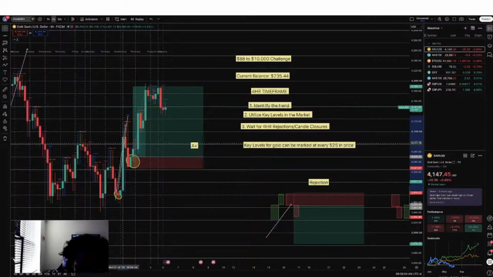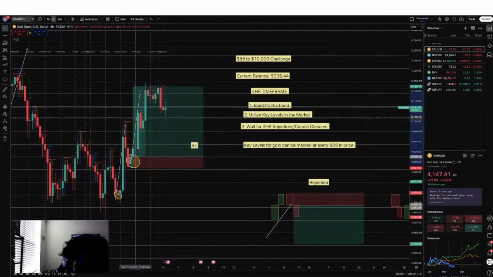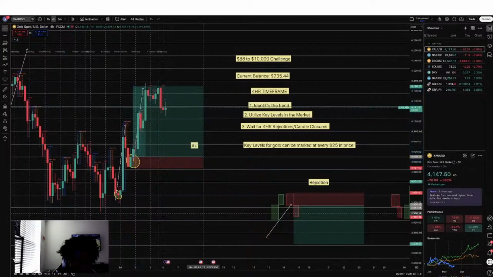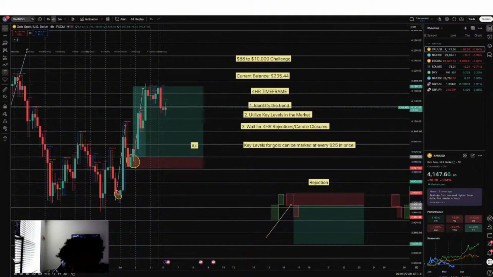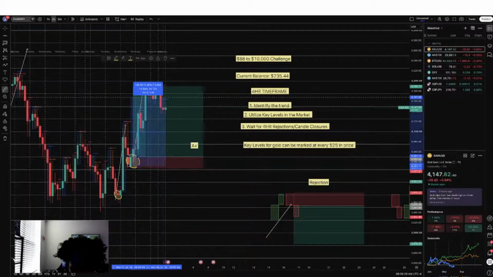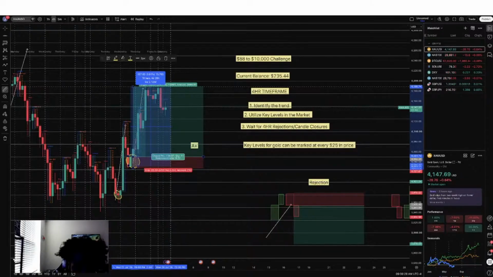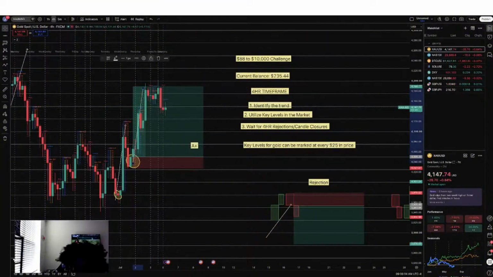This will determine the next wave up. If the first wave was, let's say, 1,300 to 1,400 pips, the next wave should be equivalent or even more, which is, as you can see, around 1,500 pips. That's another way to determine your take profits when trading off the 4 hour.